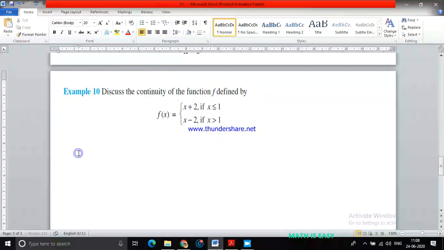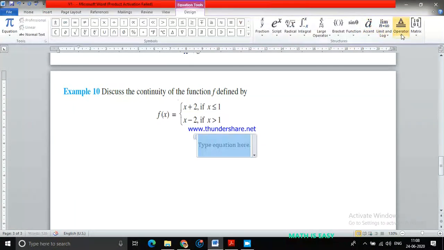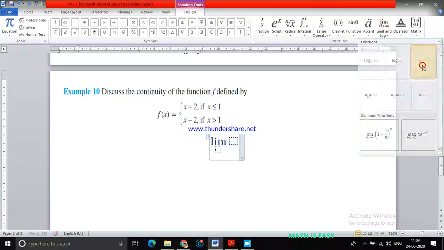Now what they said: if x is less than or equal to 1, f of x is going to be x plus 2. If x is greater than 1, f of x is going to be x minus 2. So let me insert the equation and we'll discuss the continuity of the function.